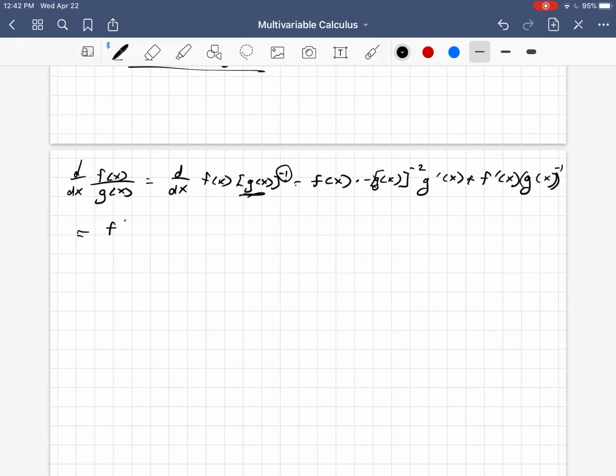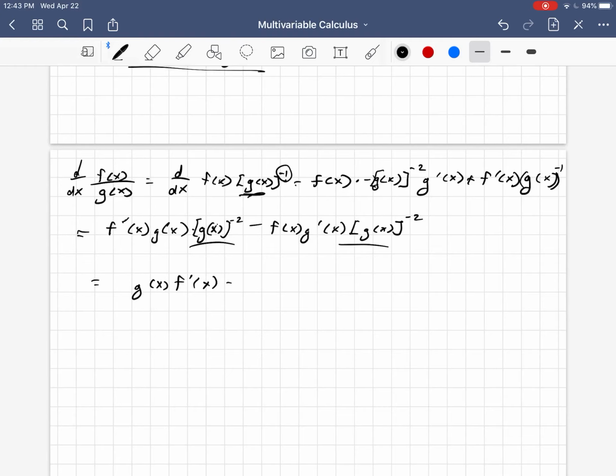Okay, so I can write this now as, I think what I'll do is I'll write it as f prime of x times g of x times g of x to the -2, because g of x times g of x to the -2 is g of x to the -1, minus f of x g prime of x times g of x to the -2.